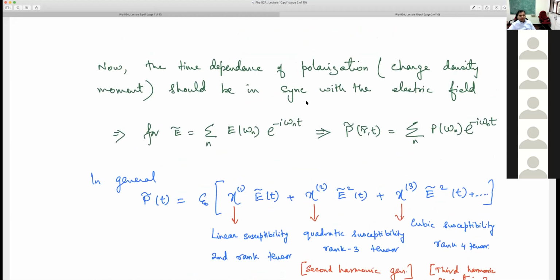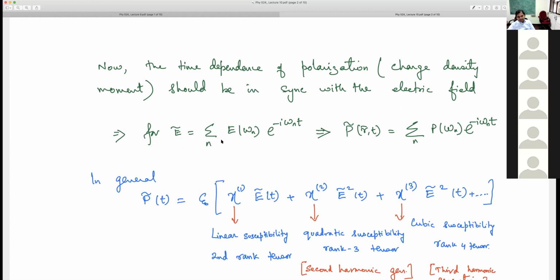Okay, and then let me make an assumption that all the charges in the system will be influenced by this electric field in an instantaneous manner. If I do that, then I can make the statement that the time dependence of the polarization, which is the charge density moment, let's say, should be in sync with the electric field, basically.